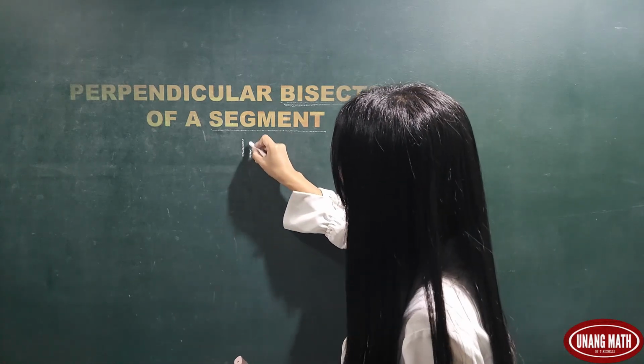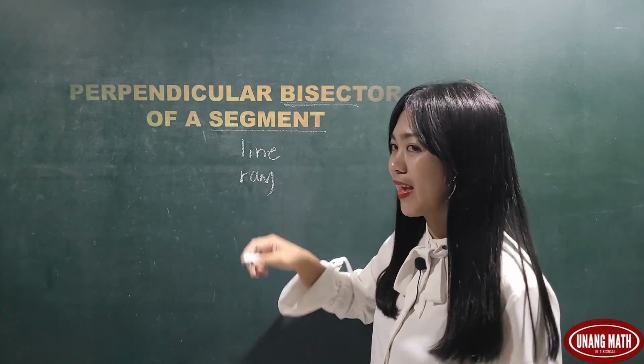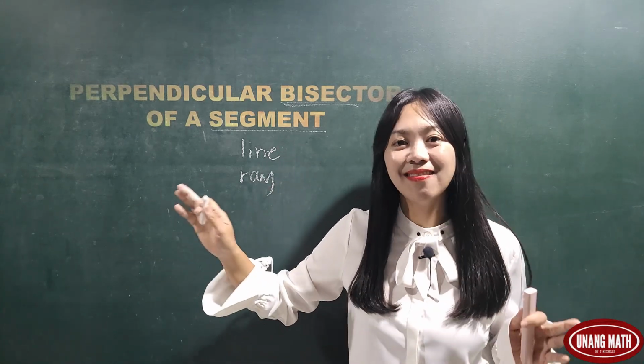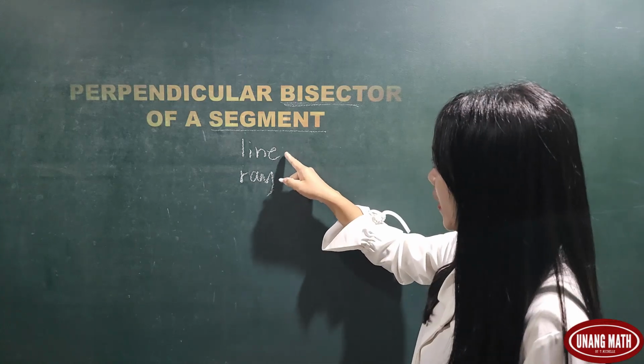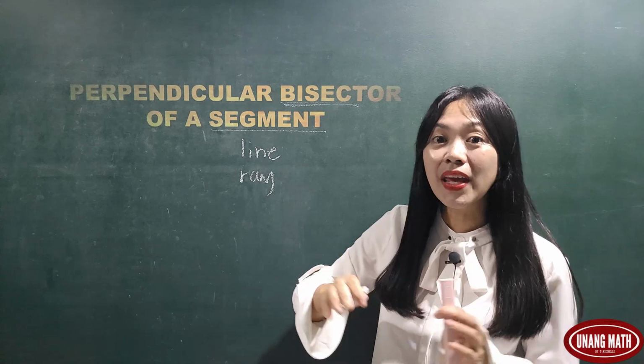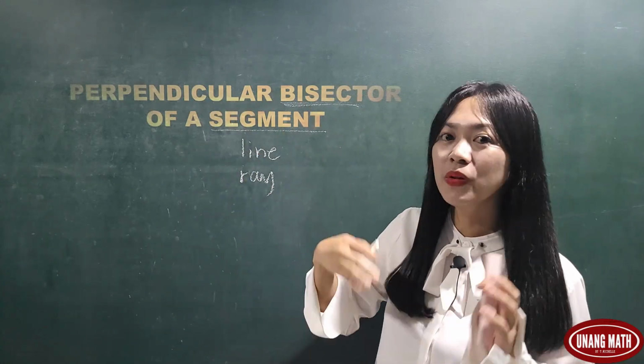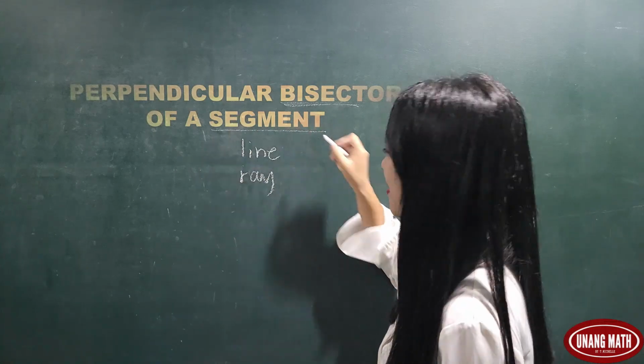Comparing it to line and ray, line and ray can extend endlessly. So that means we cannot bisect or divide a line and ray into equal lengths. So perpendicular bisector is only applicable for segments.